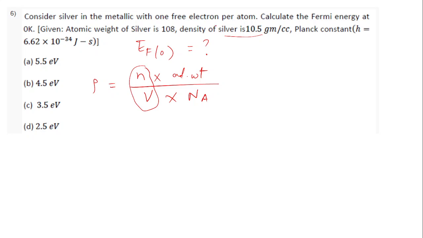I want to find out the electron density. So N by V will be density multiplied by Avogadro number divided by atomic weight. Now this density is given, which is 108. No, sorry. Density is 10.5 gram per cc.